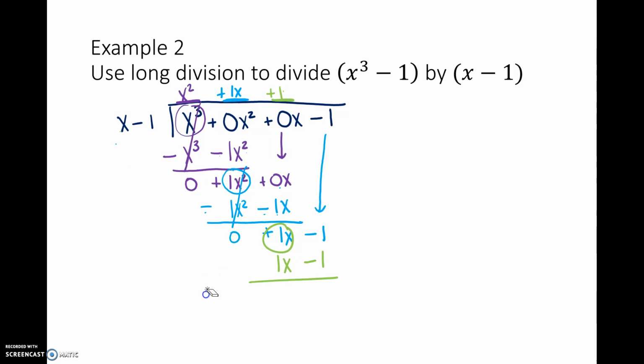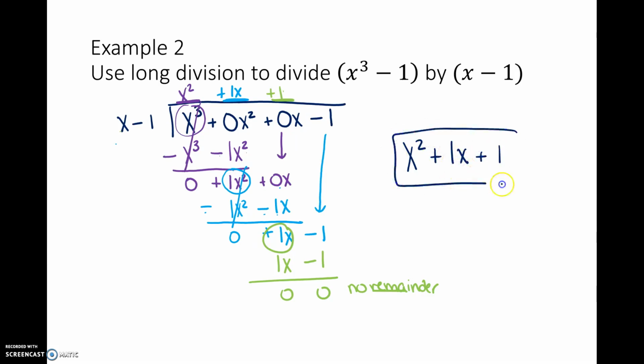Do your subtraction. And again, we had no remainder. So our answer, the result of our division, is x squared plus 1x plus 1. This means if I took x minus 1 and multiplied it to that, I would get x cubed minus 1 as my answer.